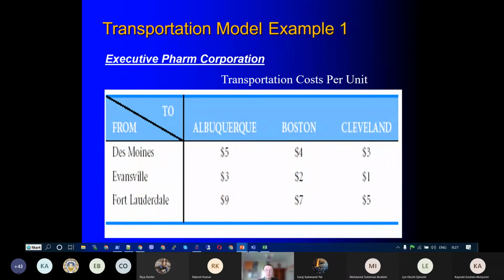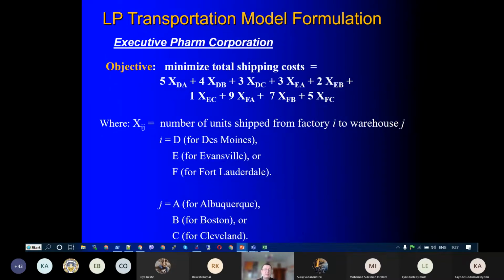As I said, we know the cost of delivery, and here it is possible to create our main objective: minimize total shipping cost by multiplying the cost of transportation from a particular source to a particular destination by the number of units shipped from that source to that destination. So here we have an equation like this one.